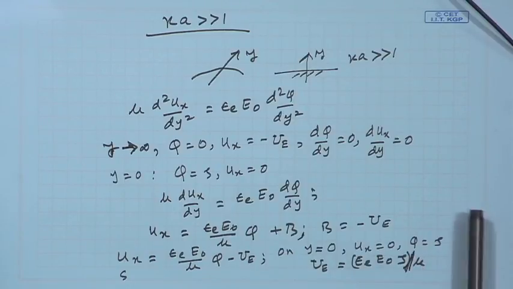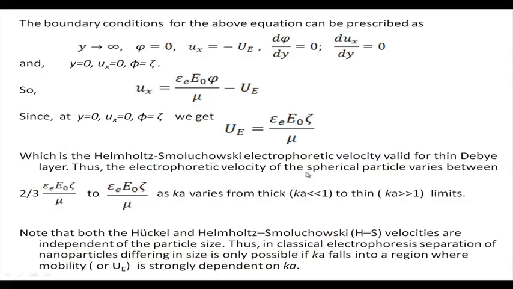So, what we found is that the electrophoretic velocity of the particle varies from 2/3 epsilon e0 zeta by mu to epsilon e0 zeta by mu in the limiting situations. The lower value is for a very thick Debye length, that means k is very small, and the upper one is for the thin situation. In these limiting cases, the electrophoretic mobility or velocity is independent of the Debye length.